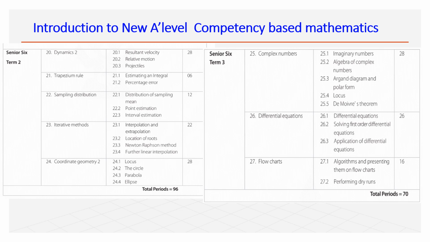And then challenge number 2, we need to integrate this with real life situations. Where are we applying them? Then challenge number 3, we need to integrate this with ICT. So basically, we need to have the content of the topics. If you are talking about trapezium rule, what is it?